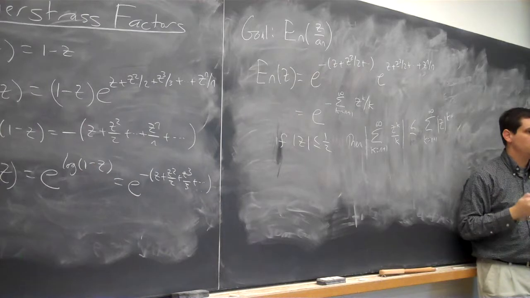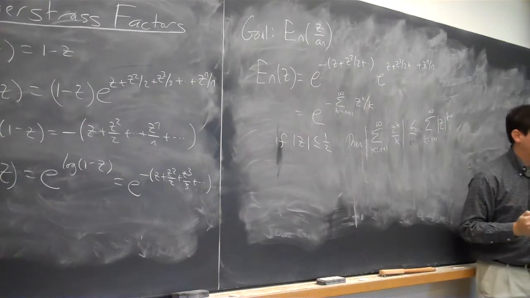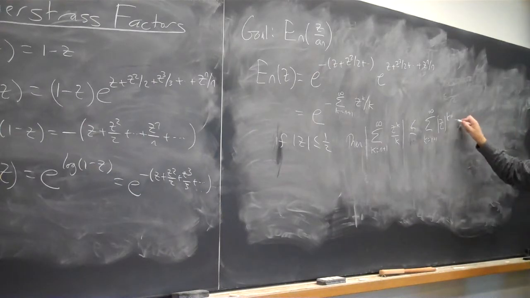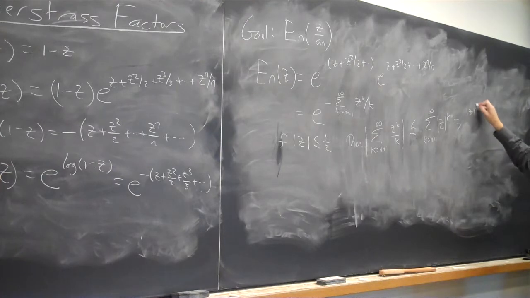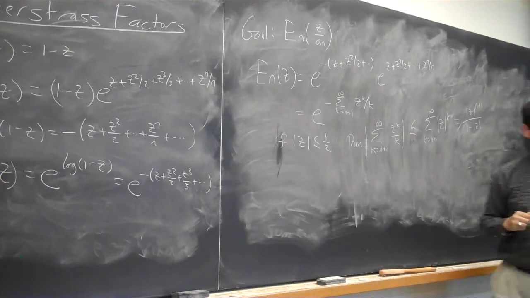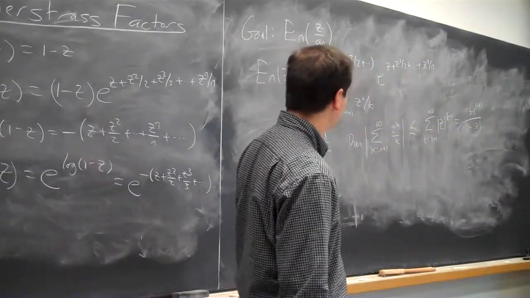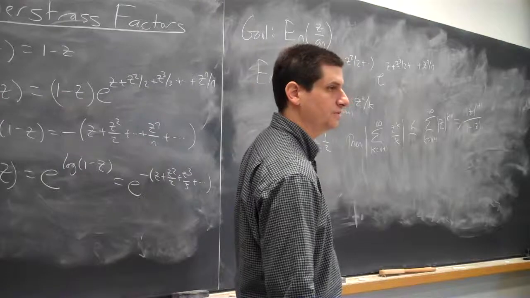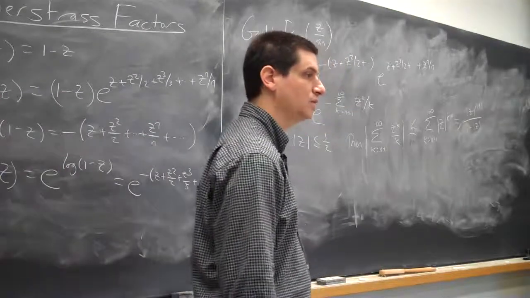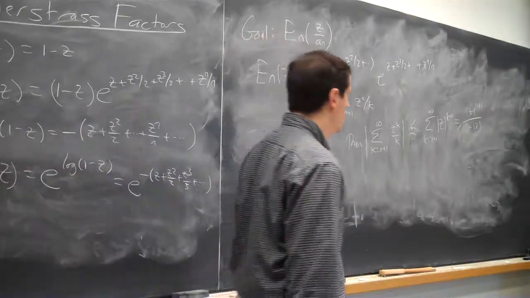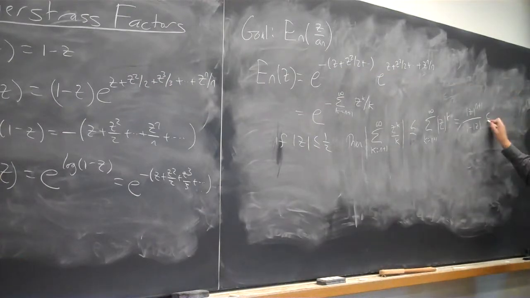This is the worst possible case for me. And in this worst possible case, this is going to be absolute value of z to the n plus 1 over 1 minus absolute value of z. Well, what do I know about 1 minus absolute value of z? It's greater than a half. So this should be less than or equal to 2 times absolute value of z to the n plus 1.